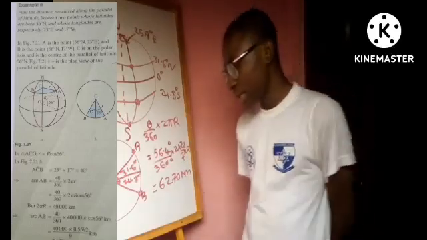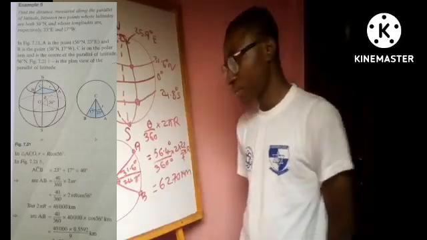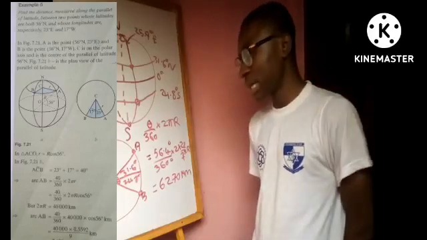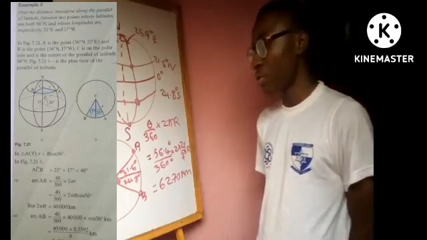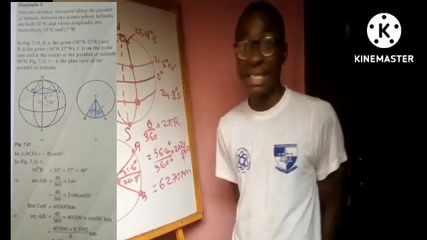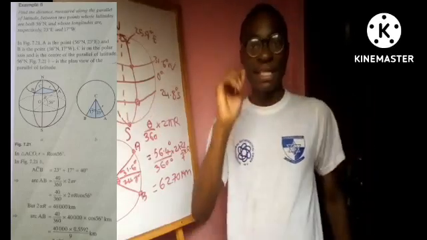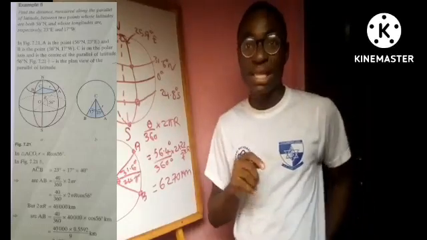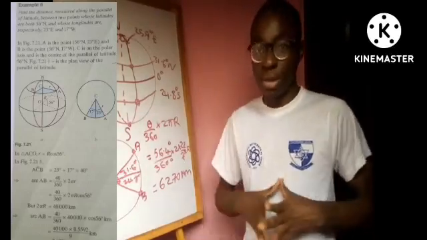As you can see here, we have the earth and we have the 2 points on the latitude. The circle drawn beside it represents the parallel of latitude, and this latitude is 56 degrees north. This 56 degrees north, which is the latitude, will be representing our alpha. That's what we're using to calculate the new radius.